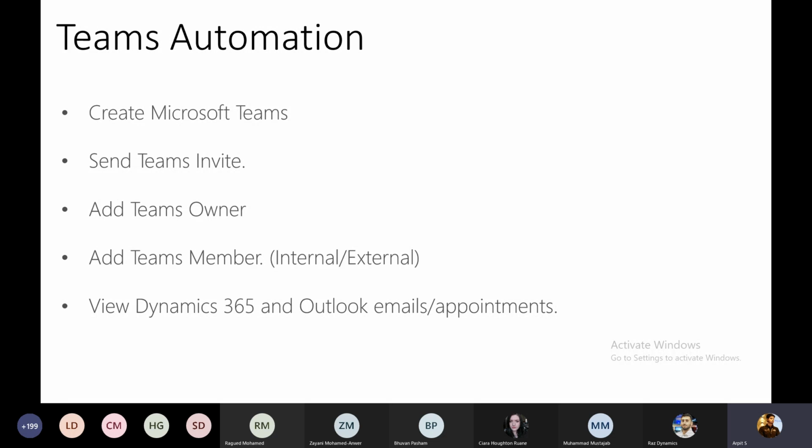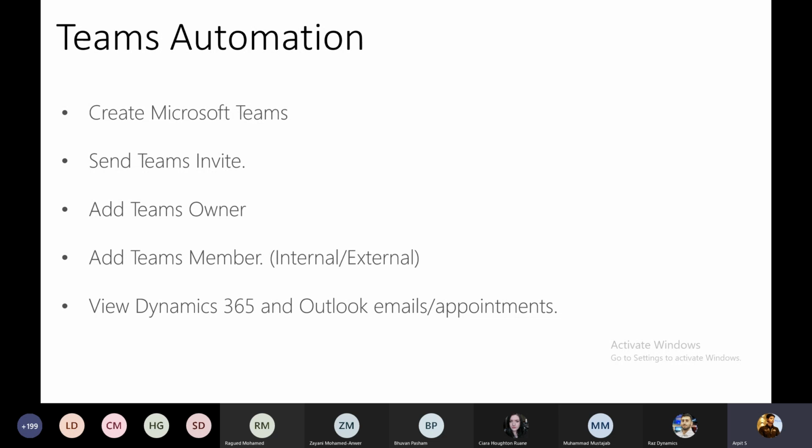Or there are many business use cases where you have to see a 360-degree view of all the emails, whether they are Dynamics 365 emails, Outlook emails, or appointments. As you can understand, all the emails and appointments of Outlook do not get synced in the Dynamics CRM unless we manually track them.